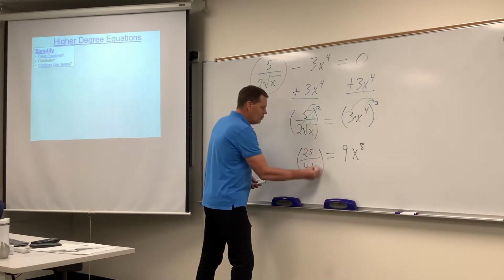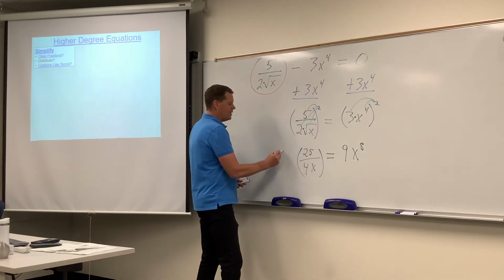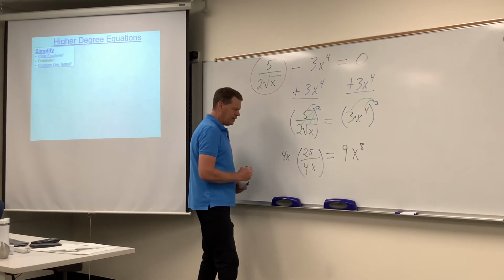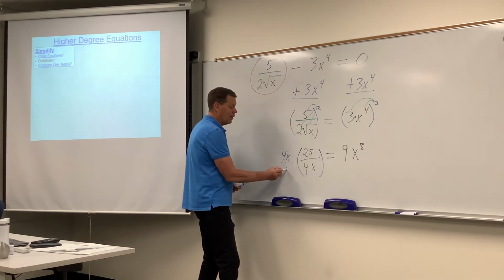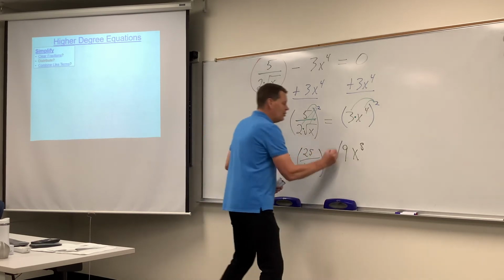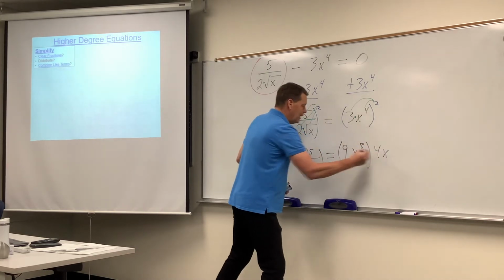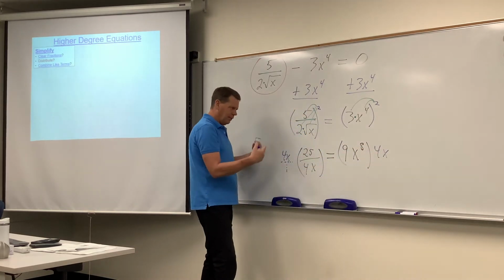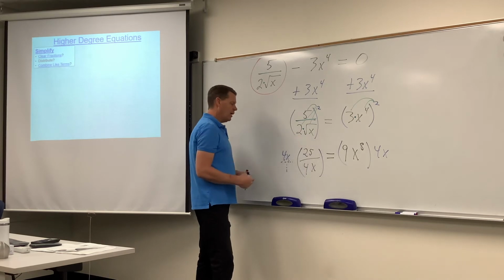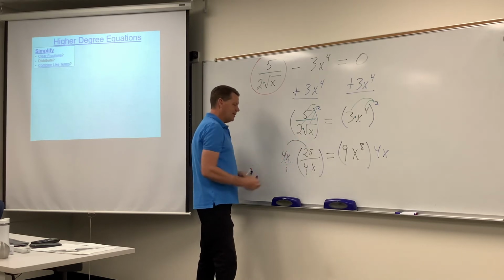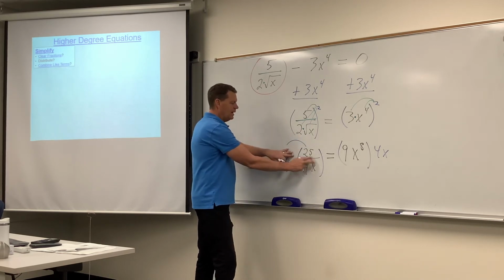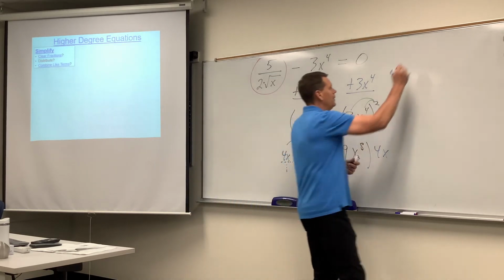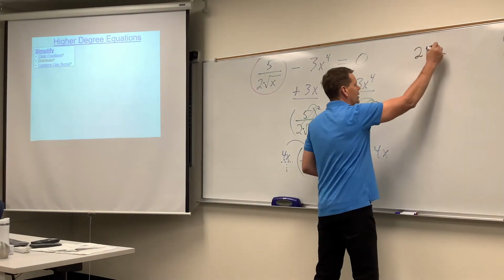Wouldn't we need to get rid of that division by 4x with multiplication by 4x over 1? And if you do 4x over here, in order to clear the fraction, you need to do it over there. So on the left-hand side, they cancel each other and leaves 25. So the left-hand side becomes 25.